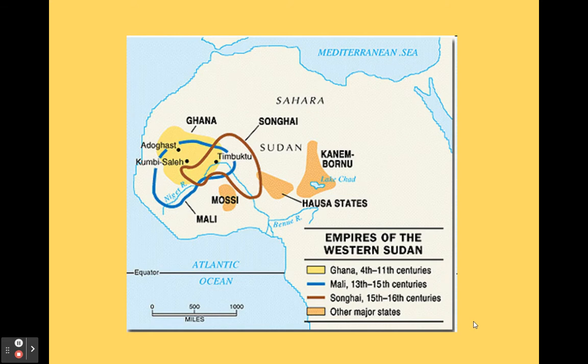All right, now again, another map here. Okay, so we have Ghana in the yellow, we have Mali outlined in blue, and we have the Songhai Empire outlined in this brick color. Now, if you notice, all of the empires, when we keep looking at these maps, they're shaped somewhat differently.